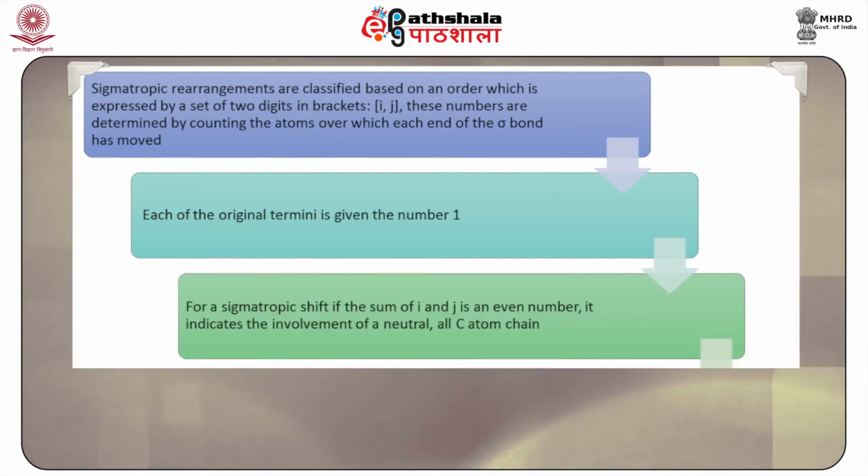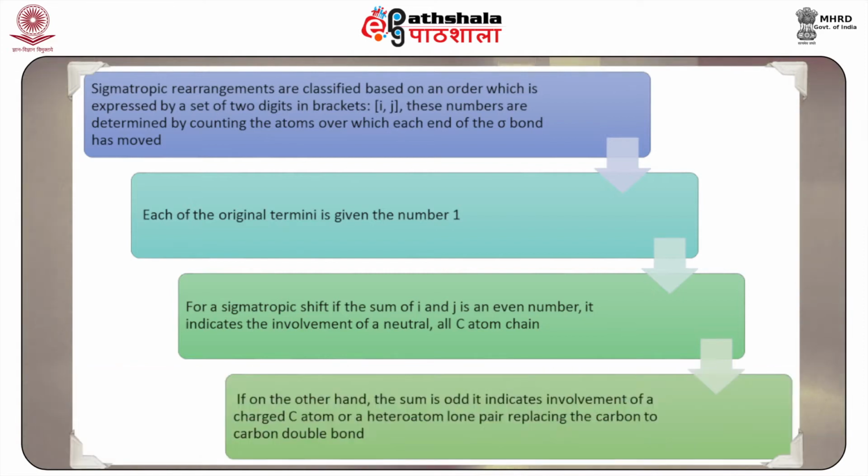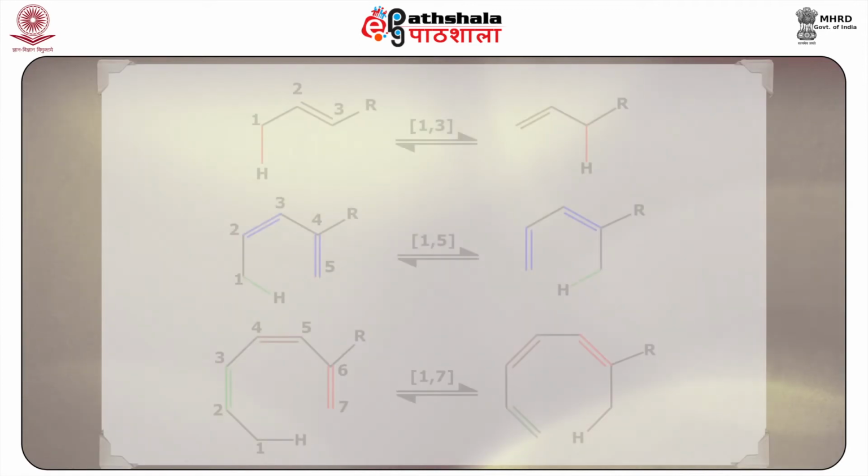For a sigmatropic shift, if the sum of i and j is an even number, it indicates the involvement of a neutral all carbon atom chain. If, on the other hand, the number i plus j is odd, it indicates involvement of a charged carbon atom or a heteroatom lone pair replacing the carbon to carbon double bond.